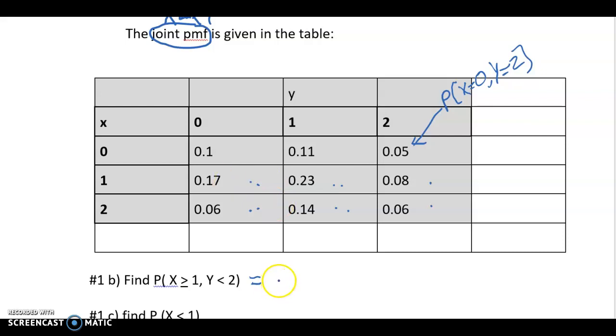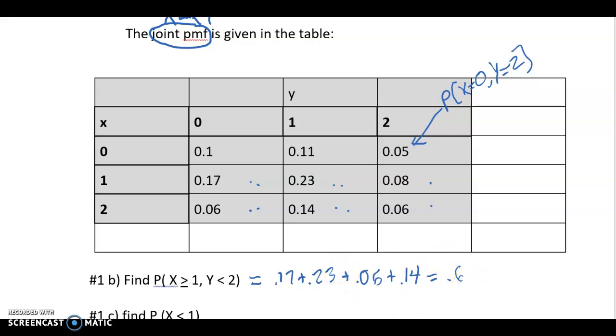I don't know what you get, like 0.17 plus 0.23 plus 0.06 plus 0.14. That's 0.6, maybe?